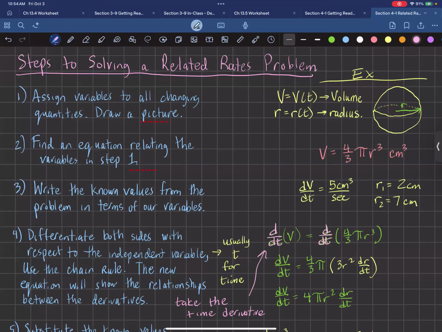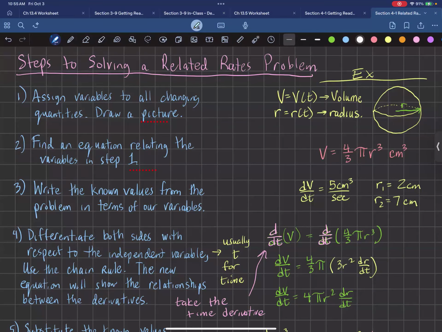So we take the time derivative of volume, we get dV/dt. We take the time derivative of the right side. The 4/3 pi is a constant. The derivative of r cubed is 3r squared times dr/dt. And after cleaning it up, the 3's cancel, and I just get 4 pi r squared dr/dt.